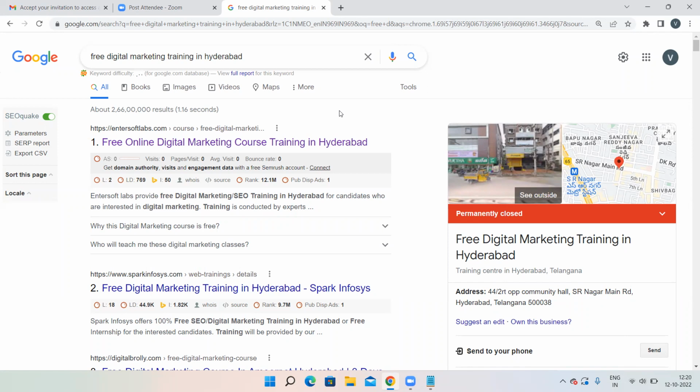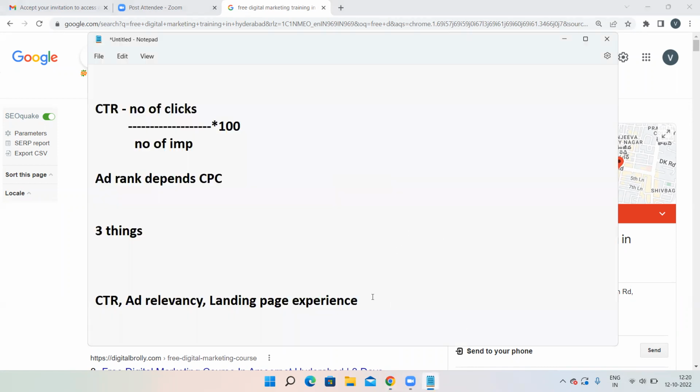Always be careful. If you feel there are some harmful words, mark those words as negative keywords. Otherwise your ad relevancy will reduce, and once it reduces, your quality score also reduces. That is about ad relevancy.